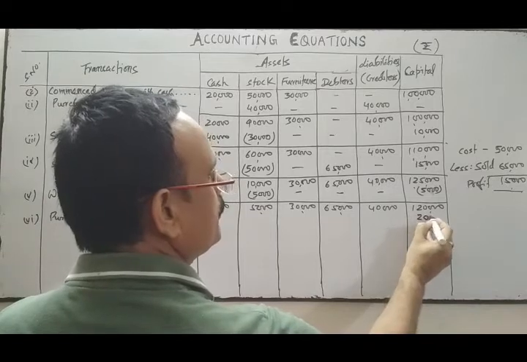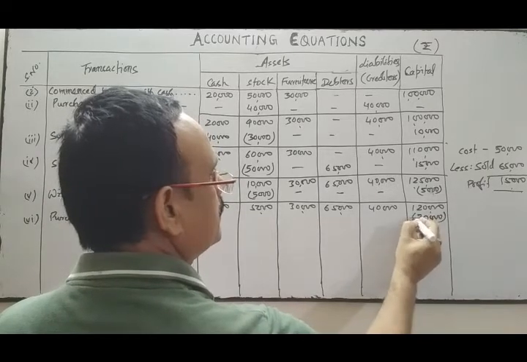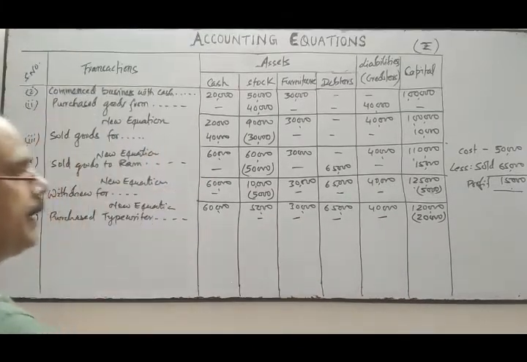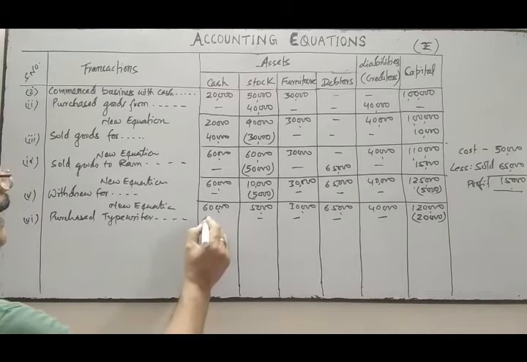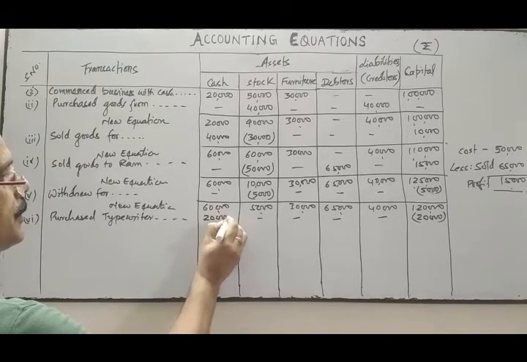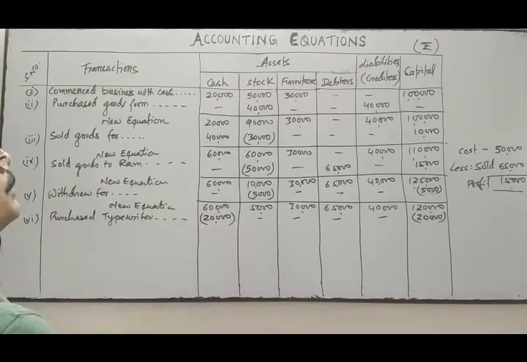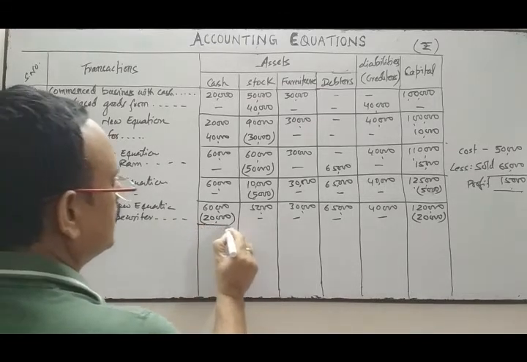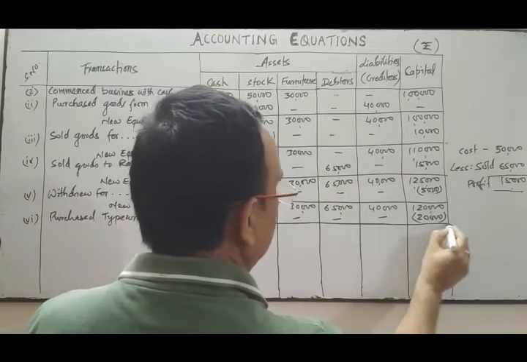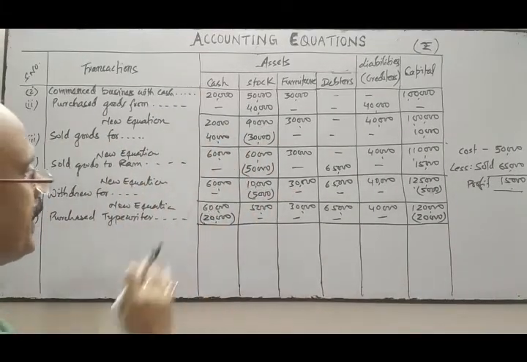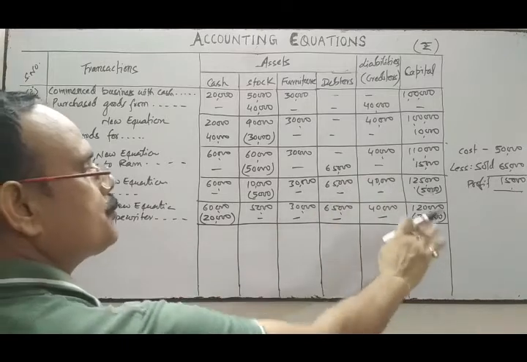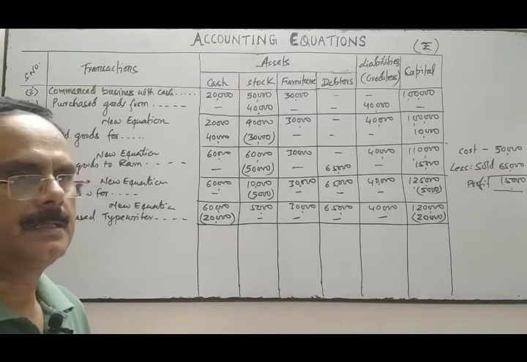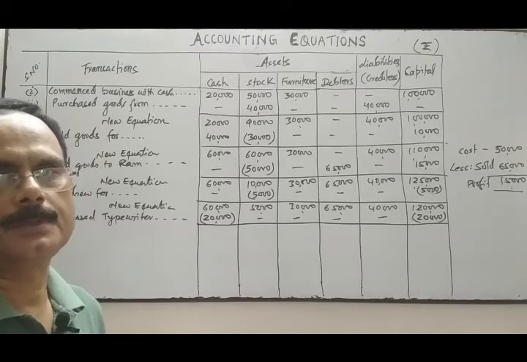So 20,000 will be deducted from capital, and as the typewriter has been purchased for cash, the cash balance will reduce. Business cash will reduce by 20 and capital will reduce by 20 because the proprietor has withdrawn the cash for his personal use.